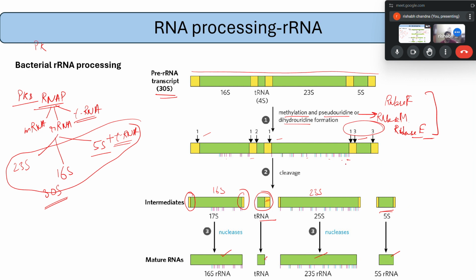Okay, so here the major thing that needs to be remembered is the original precursor, that is 30S, the enzymes involved, and the basic thing is RNase M is involved in trimming.